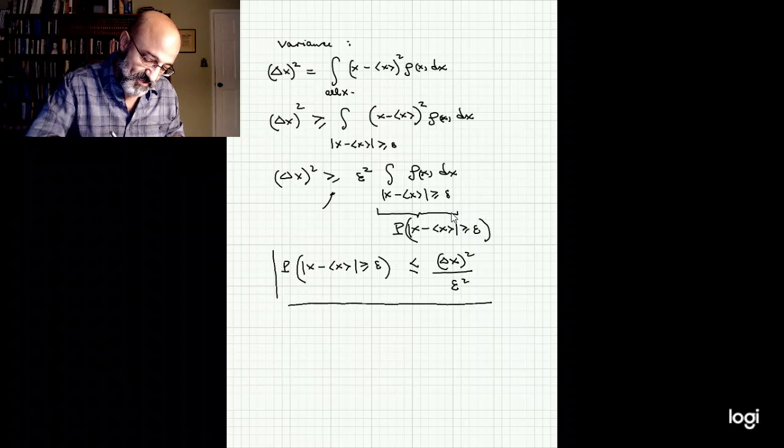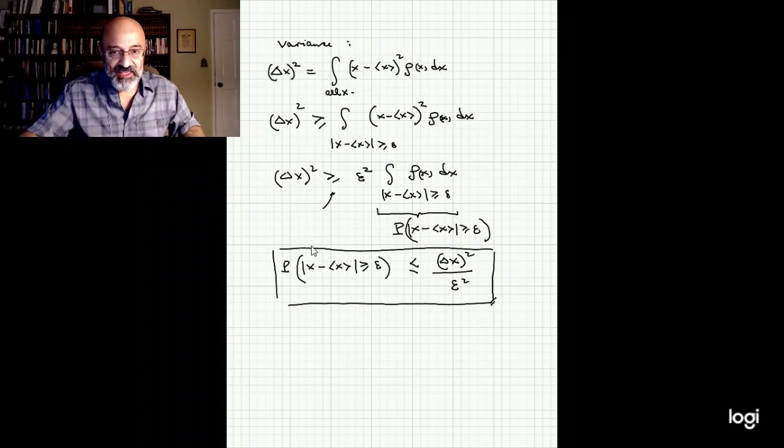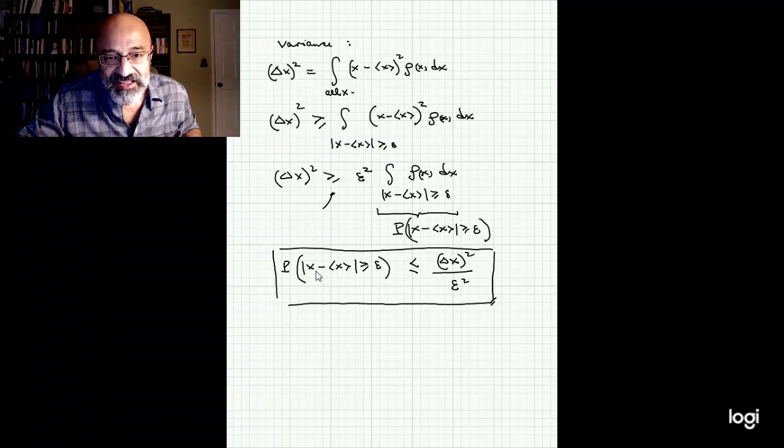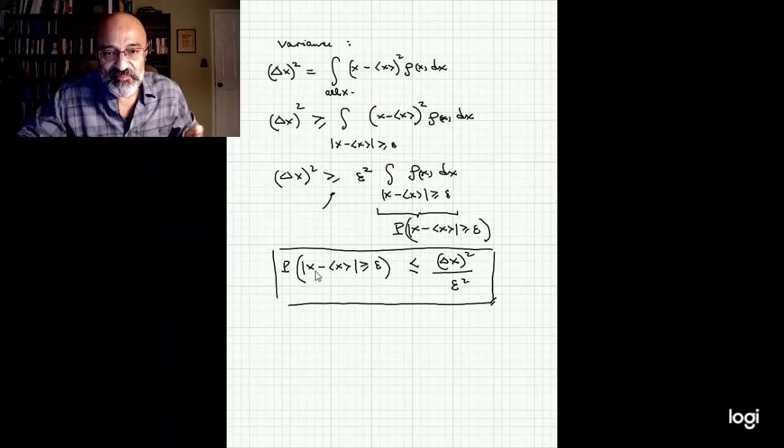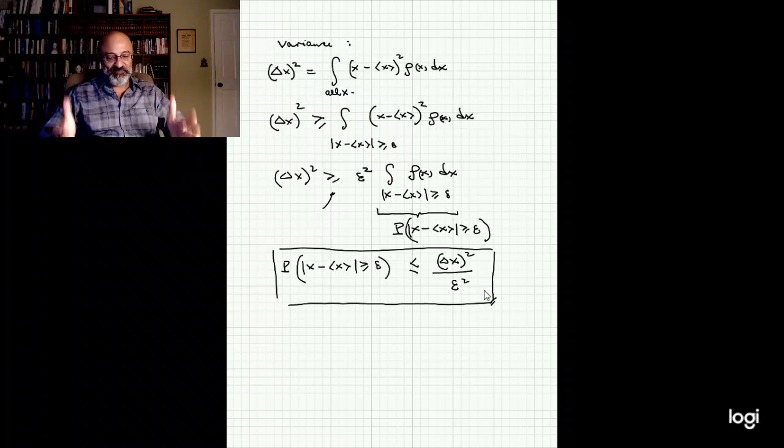There you have the Chebyshev inequality. What this is saying is that the probability that x differs from the expected value by an amount larger than epsilon will, of course, become smaller and smaller the more you make epsilon bigger and bigger. That's what it says. So now, this is just an expression, a theorem. We just derived it, Chebyshev.